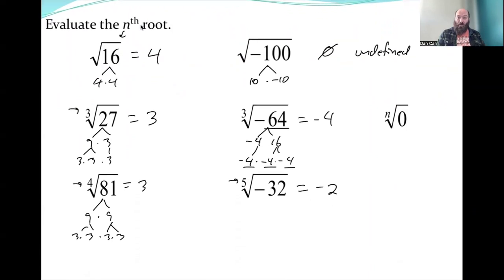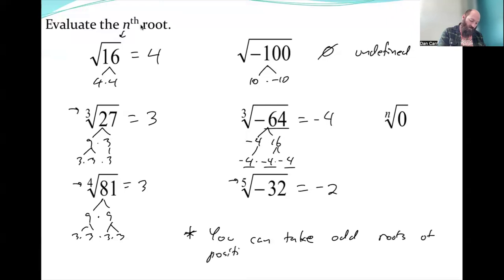The thing I want to highlight with that is, you can take odd roots of positive or negative numbers.